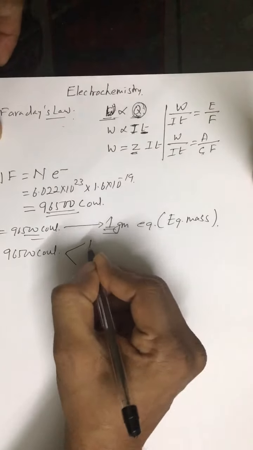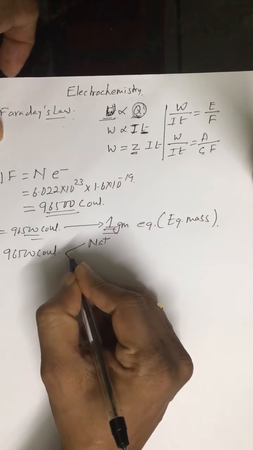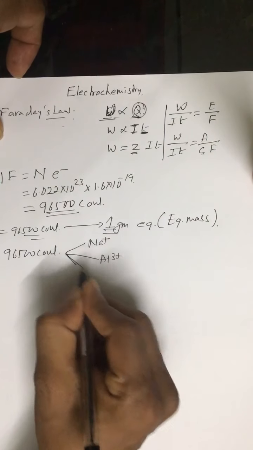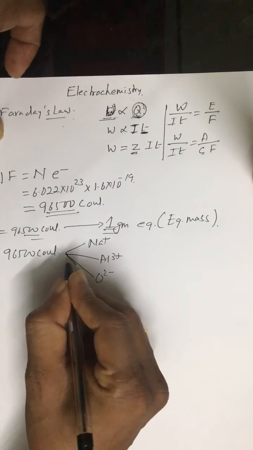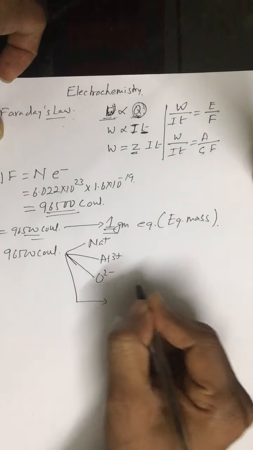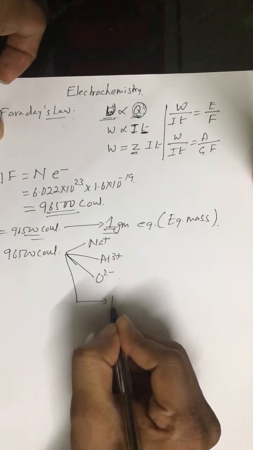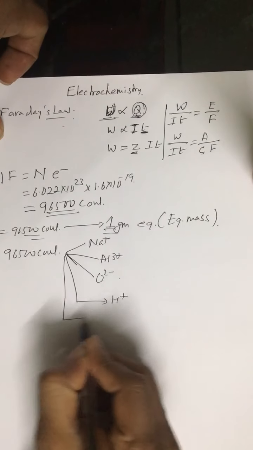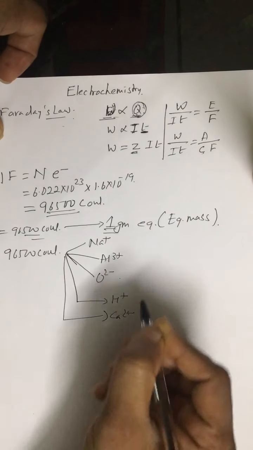Like if you talk about sodium positive, or aluminium 3 positive, or oxide ion, meaning evolution of oxygen also, you can say. You can talk about H positive, or calcium 2 positive.